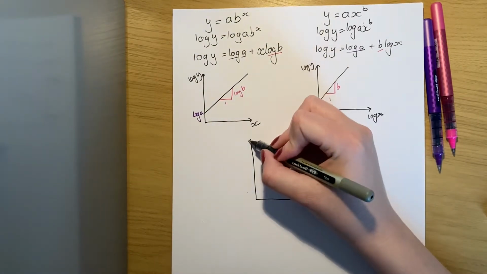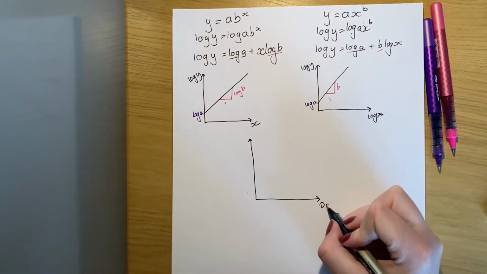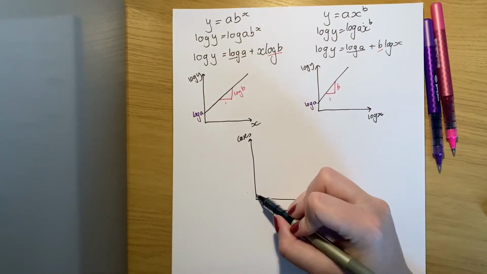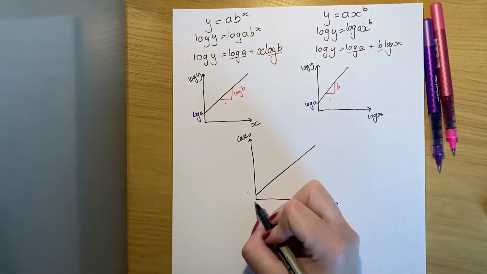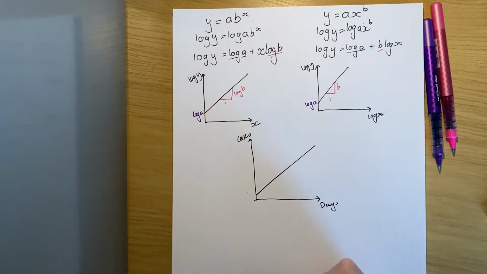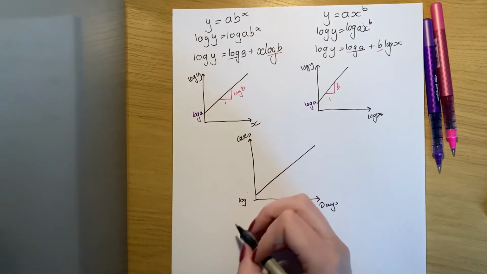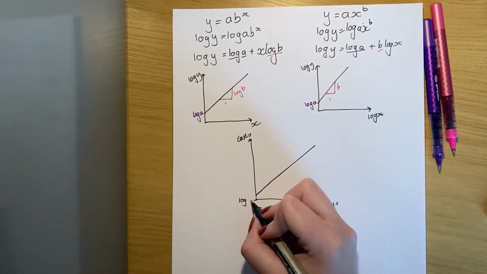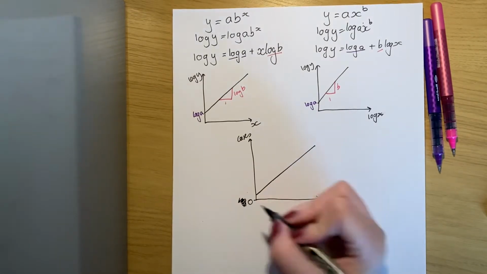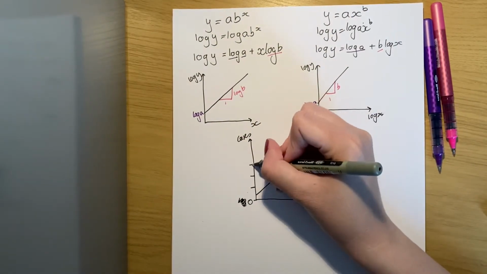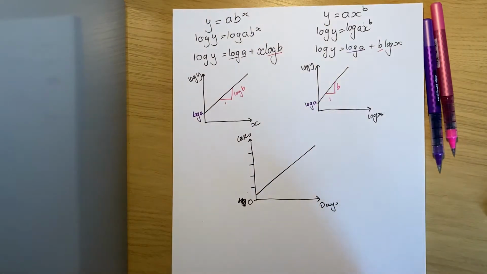So if you looked at the scale on a log graph, this may be the number of days, and this may be the number of reported cases, and they've done it linearly. So you're going to have 0 to start with. Don't write that as a log. And then you have equal intervals that are done in terms of log or ln, for example.